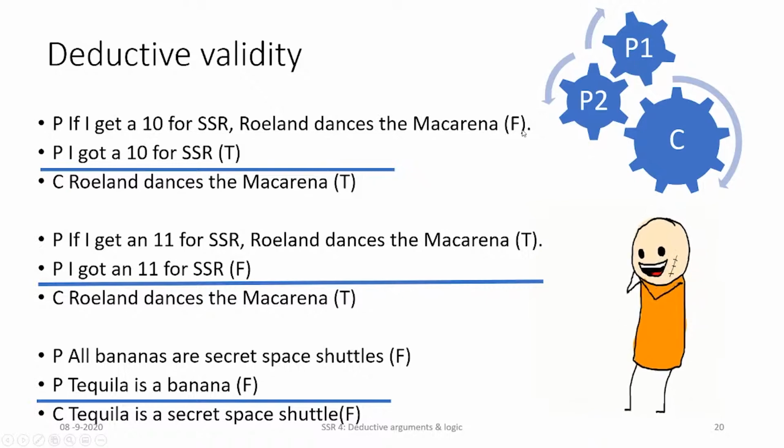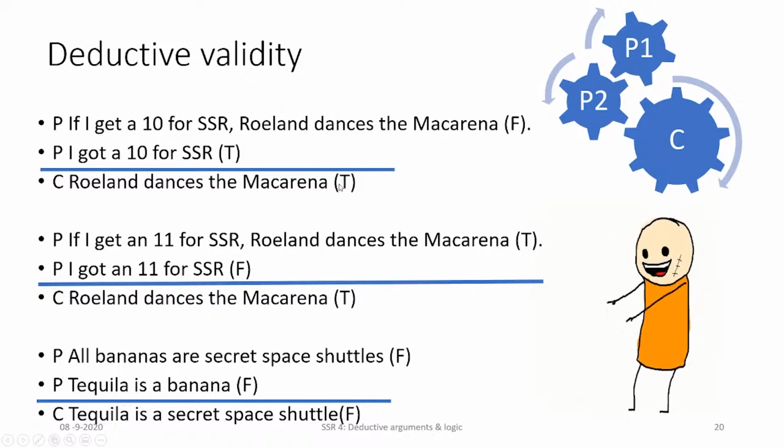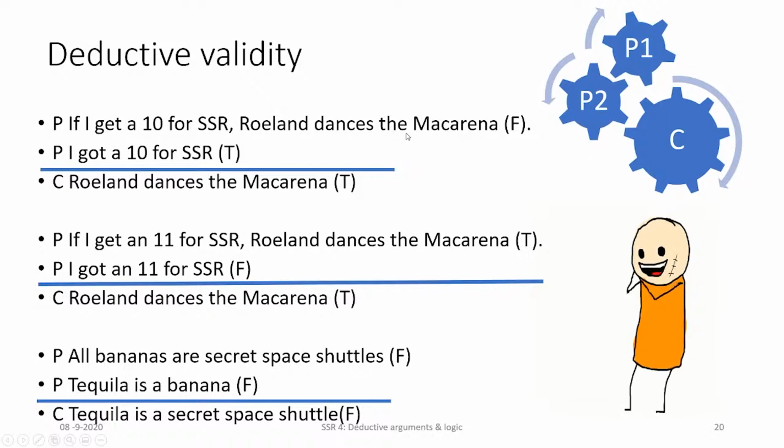Even though, obviously, that first premise is false if we do a factual assessment. That's what I indicate within brackets, right? The book uses the same practice to indicate that this premise is actually false, and this premise is actually true, and this conclusion is actually true. Just to show you that even if an argument contains a false premise, you can still say that it's valid, because if we assume that the premises are true, the conclusion would have to hold.